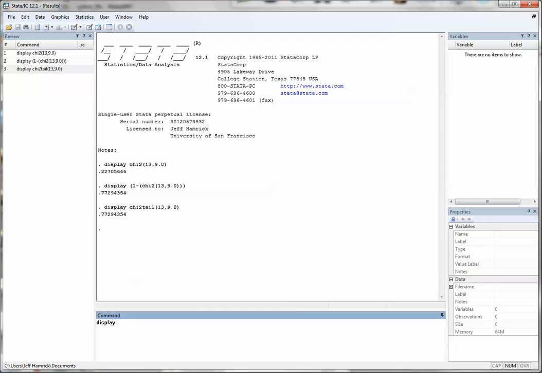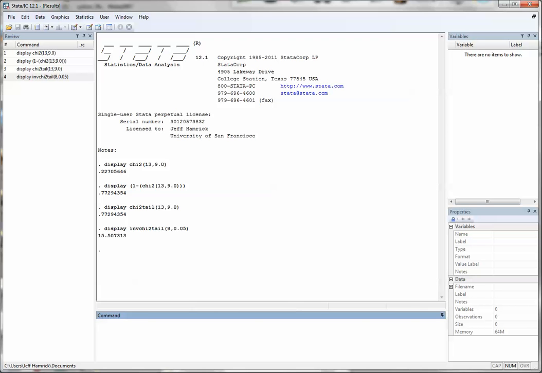I would use the inverse chi2 tail function. Let's say we're talking about 8 degrees of freedom, and I want the point that leaves 5% of the probability mass in the right tail. This would be the expression that you would use. So in other words, 5% of the probability is to the right of 15.5 for a chi-squared distribution with 8 degrees of freedom.